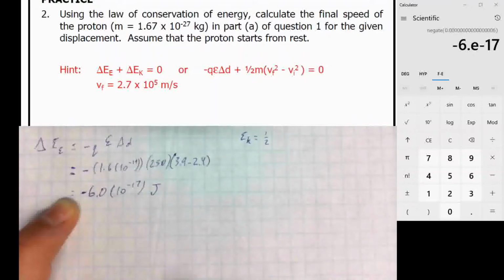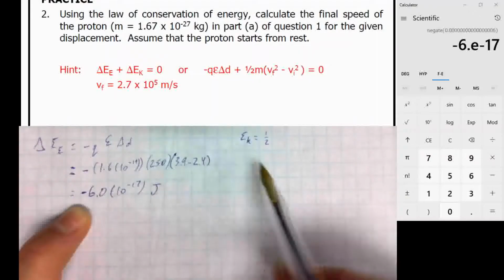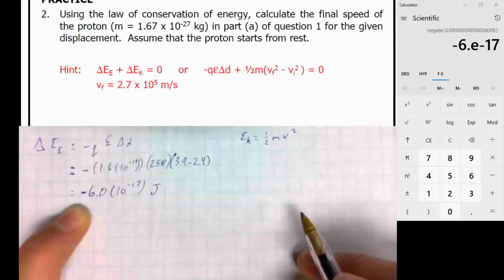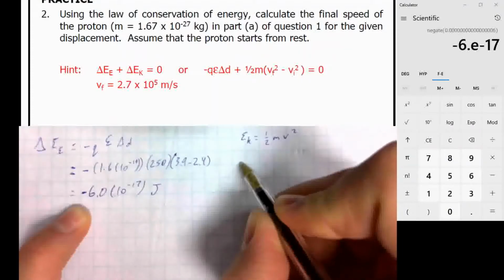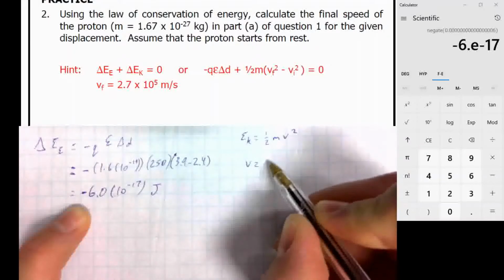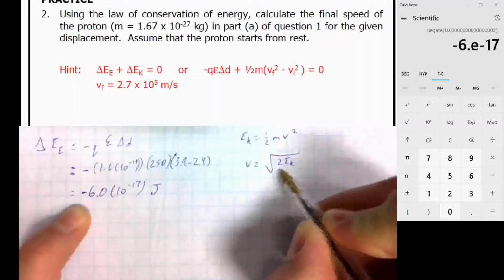So the energy was lost here. So any gain in energy has to be equal to this. So that's our conservation of energy. So it's 1/2 m v squared, and the kinetic energy gain, we're looking for V. So that is V equals the square root of 2 EK over M.